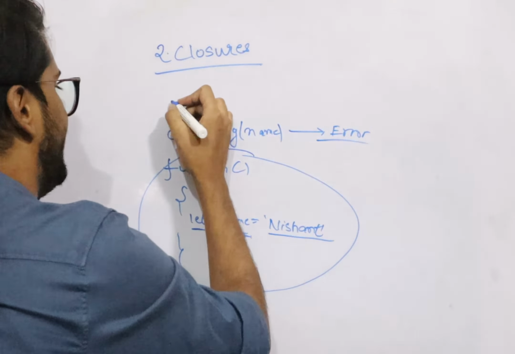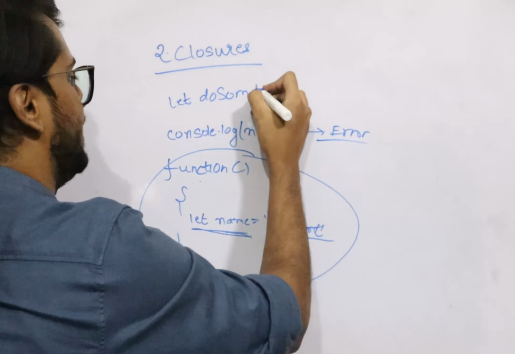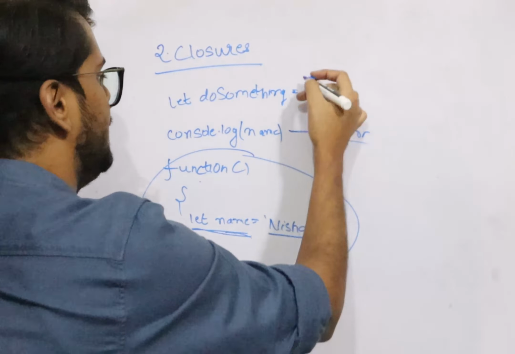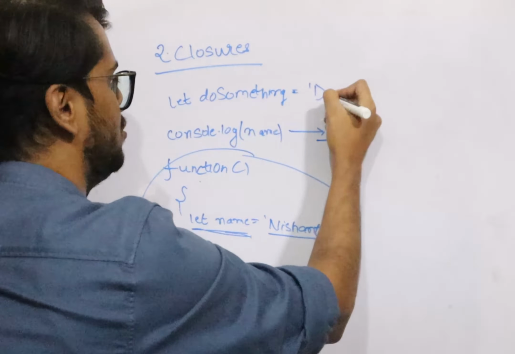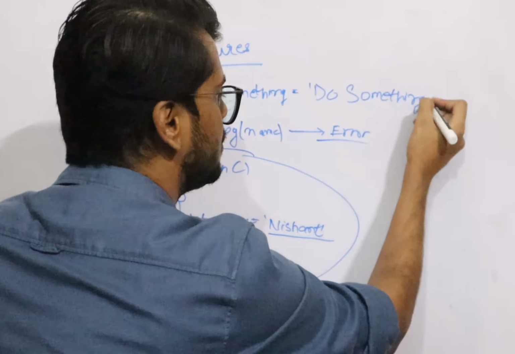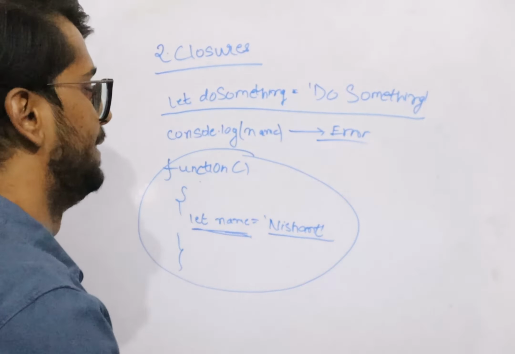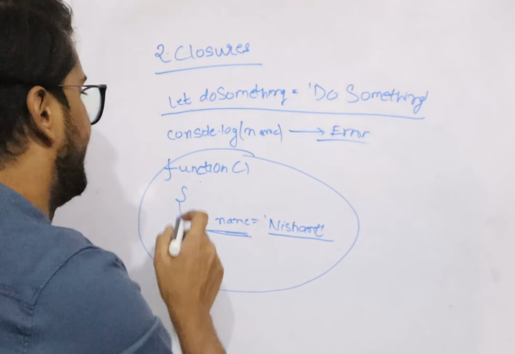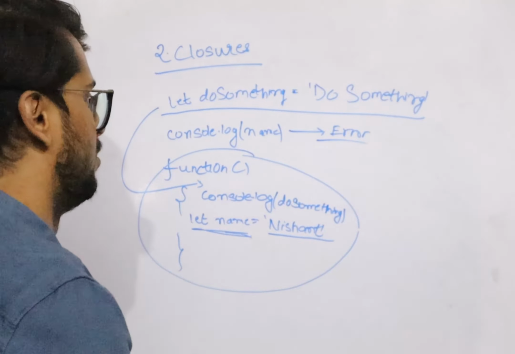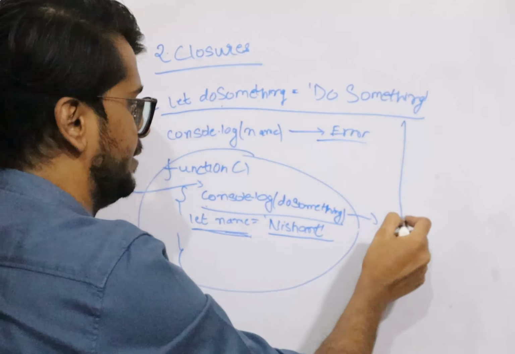But say we had a variable outside the function, in the global scope, called doSomething, with the value do something. We can access this inside the function. If I do a console.log of doSomething in the function, this will work and print this value.